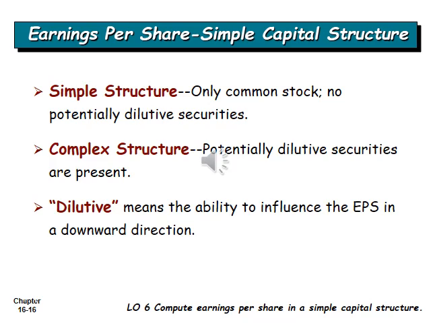Now we will talk about earning per share. We said before that the earning per share is calculated by dividing the net income for the period over the weighted average number of shares. And we have to differentiate between the simple capital structure and the complex capital structure.